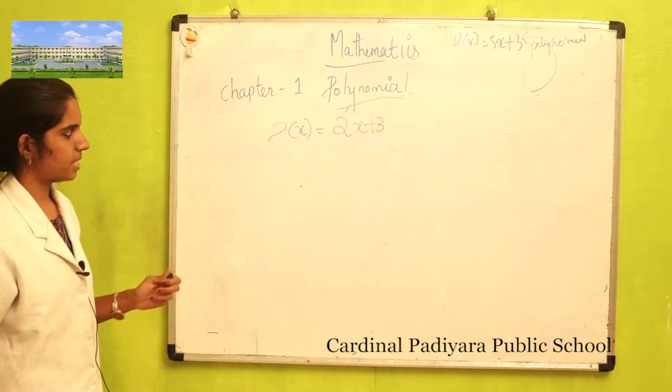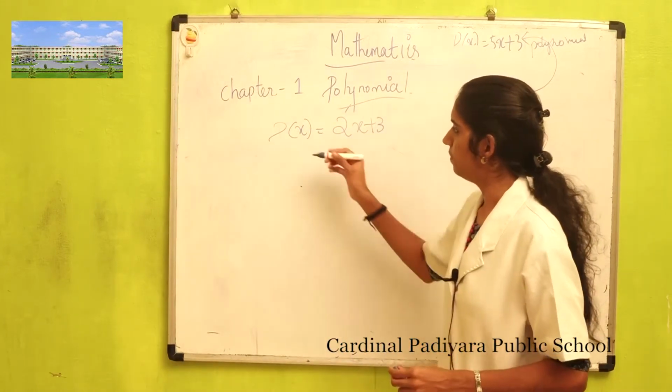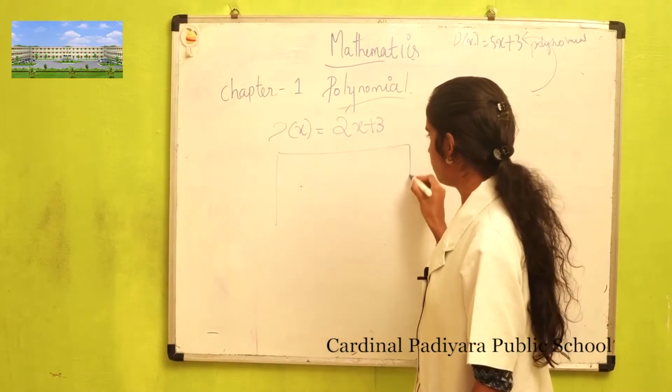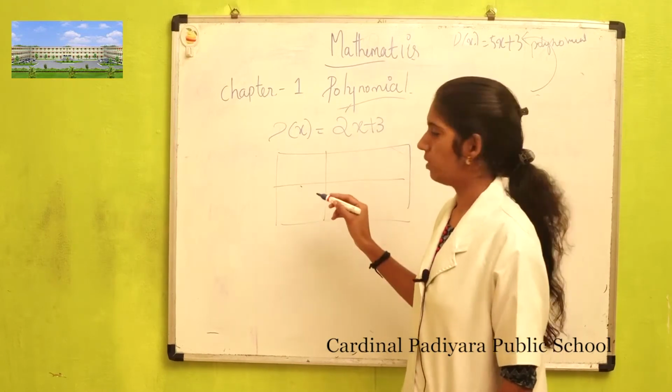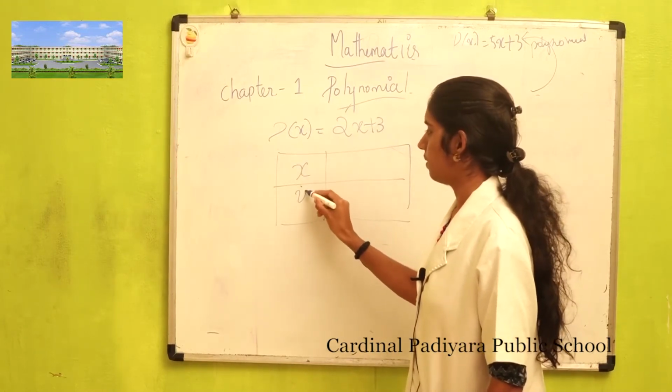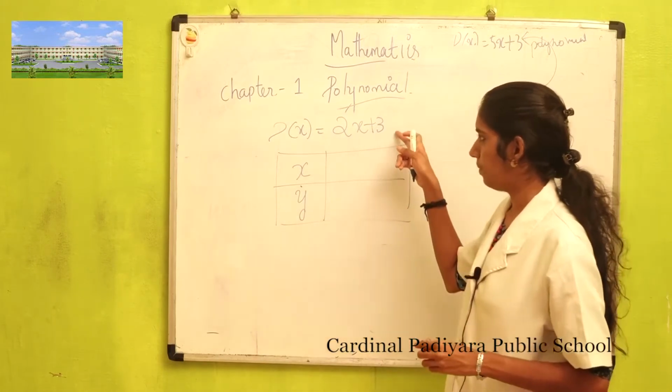Okay, this is an example of a linear polynomial. So how will you draw the graph? You just have to find the x and corresponding y values, right?